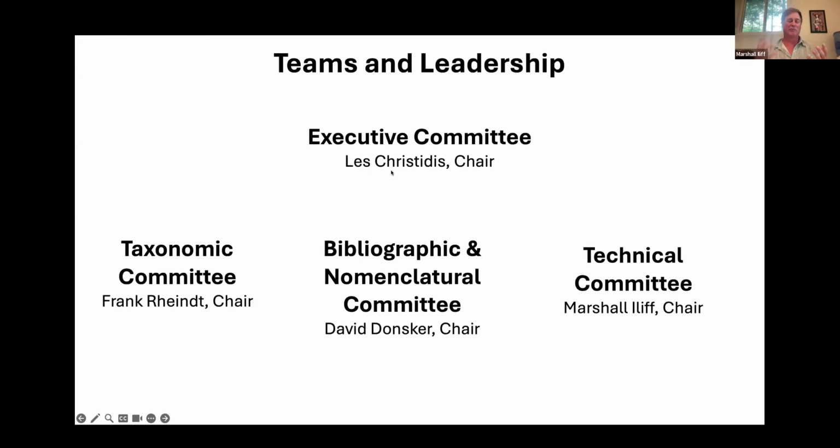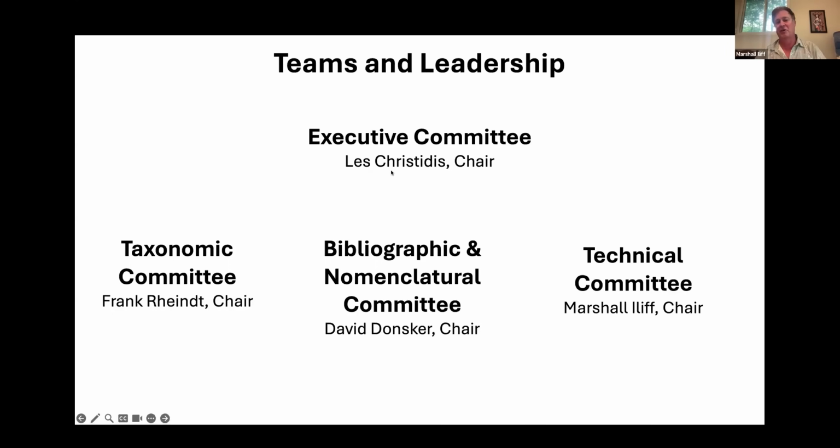And then under that, we have the different tasks chunked out into the taxonomic committee, where Pam will focus a lot on the types of decisions in the taxonomic realm: what the species limits are, and what scientific names are used for those.